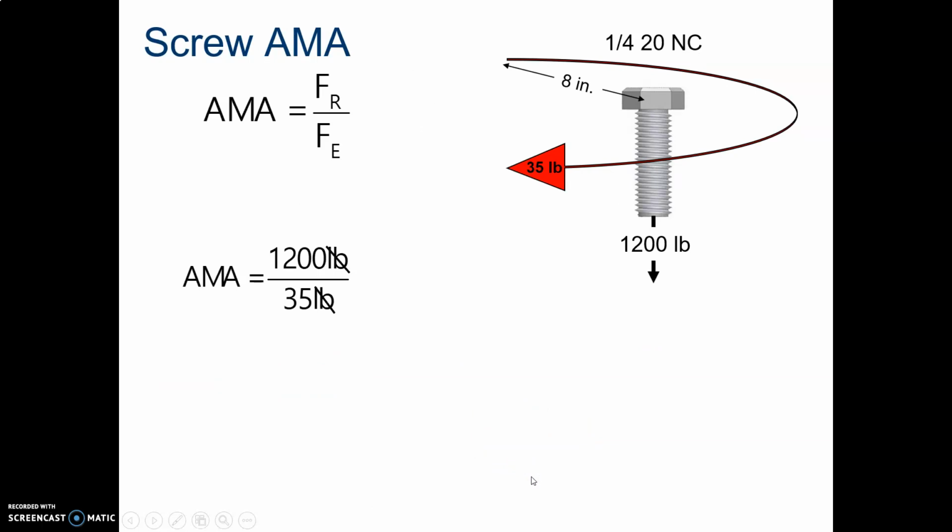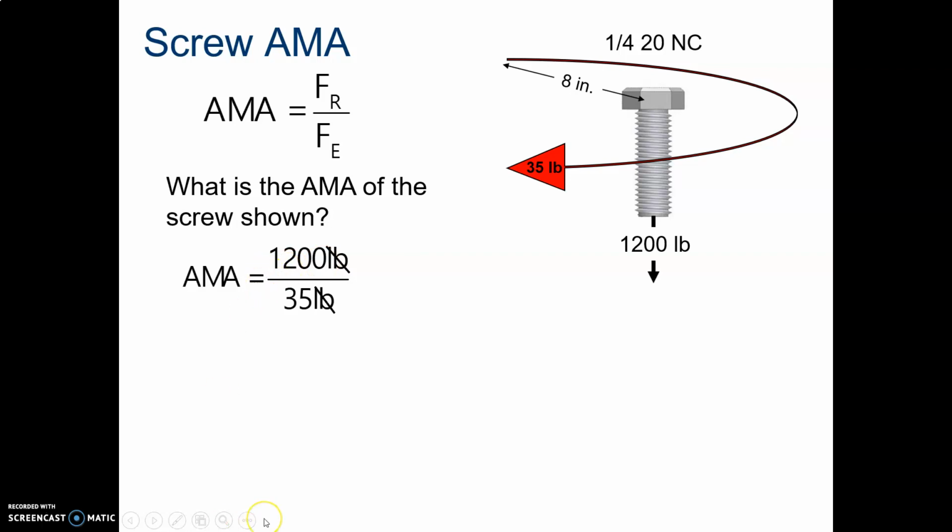The actual mechanical advantage of the screw: we're able to put 35 pounds of force on that wrench when we turn it, and the screw is resisting at 1,200 pounds. So we have 1,200 pounds over 35 pounds, and the pounds cancel.